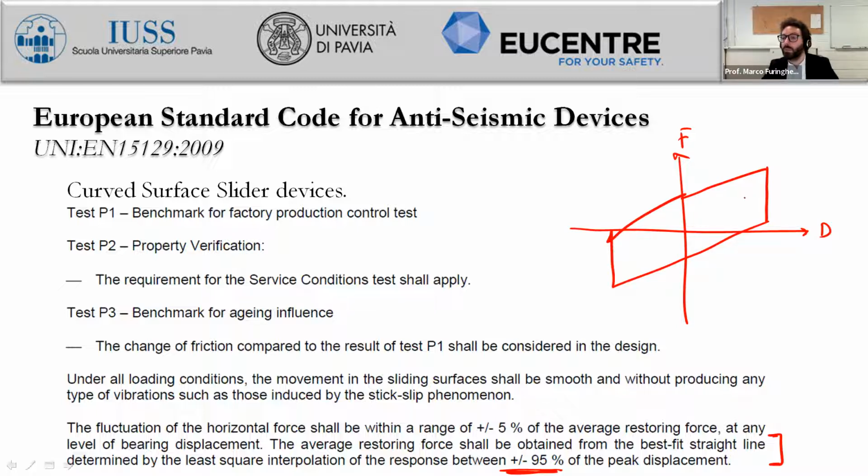Okay, we have to consider within a plus and minus 95% of the peak displacement. So this means that we are here and we are here.